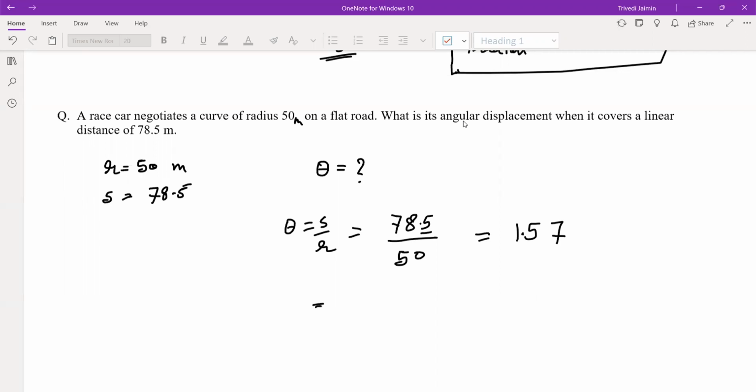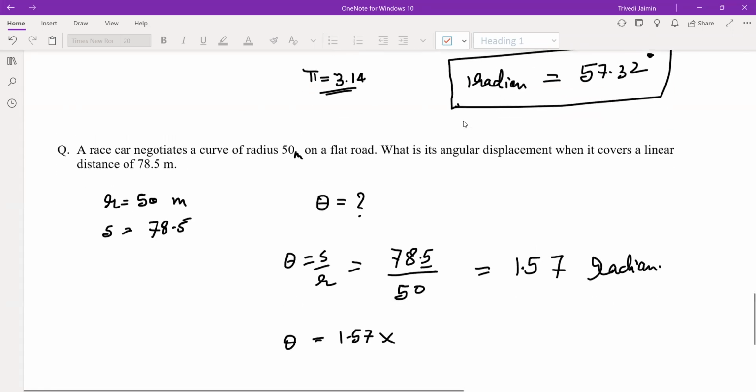So this is in radians. So theta in degrees is 1.57 into, what's the conversion? 57.32. If we multiply this, what should I get? Multiply and tell me. 4 decimals.